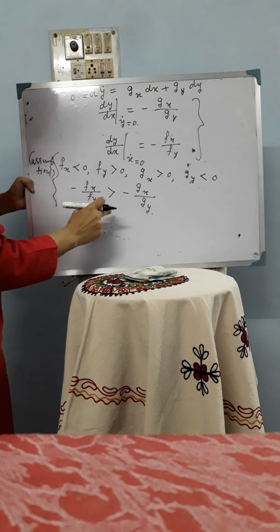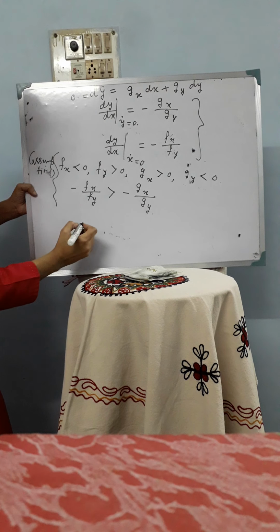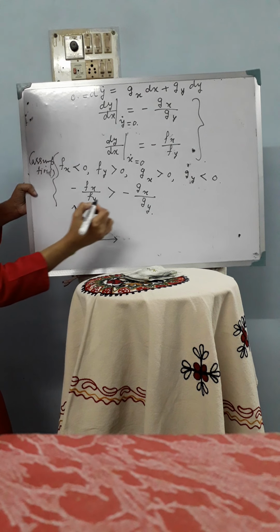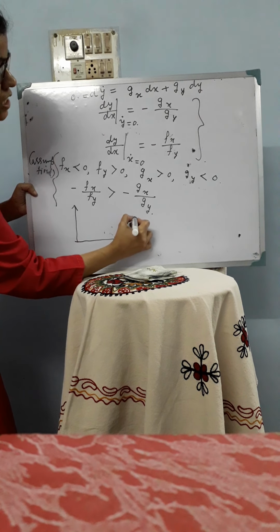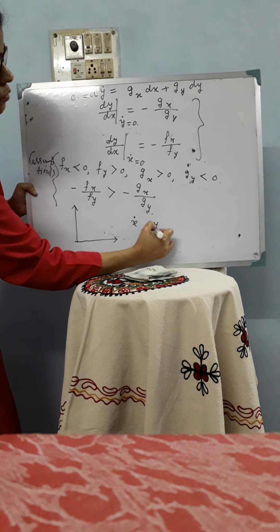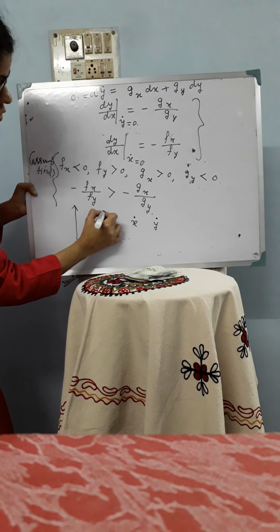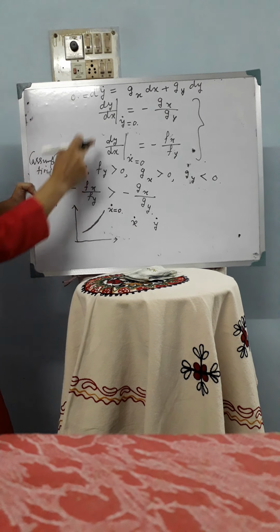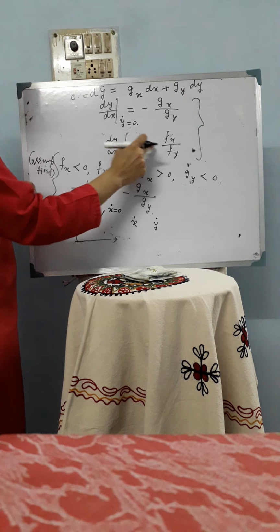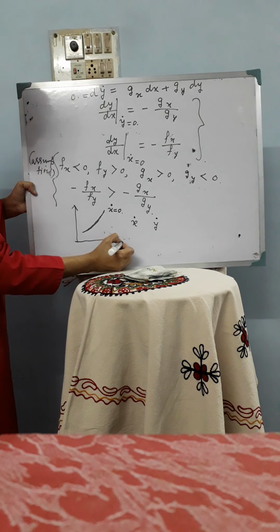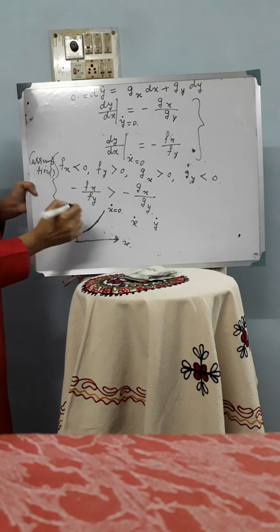Now if these two assumptions hold, then what we can say is that the x dot curve is steeper than the y dot curve. If this curve represents x dot is equal to 0, then dy/dx is equal to minus fx by fy. Here along the x axis we are measuring x, along the y axis we are measuring y.